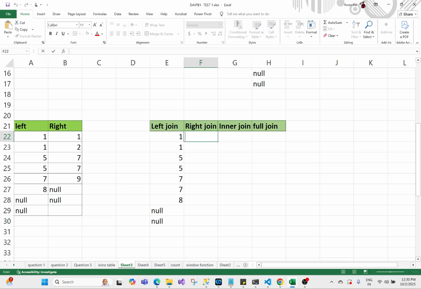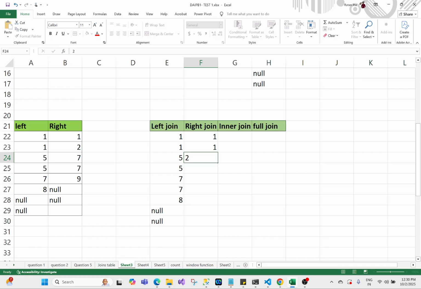Okay, what about right? Right table is this one. 1 is present in right and left as well. So it is 1 and 1. This 1 will connect with the first one and the second one as well. What about 2? 2 is present in the right table but not in the left table. So we are writing 2 because all the matching records of both the tables and all the records of the right table come.